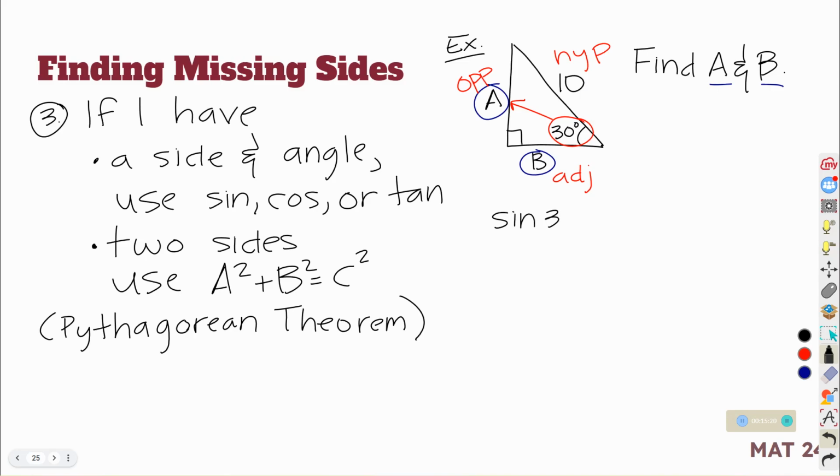So sine of 30 degrees equals opposite, which is A, over hypotenuse, which is 10. Want to solve for A, I got to get rid of that denominator. So I probably should multiply both sides by 10.